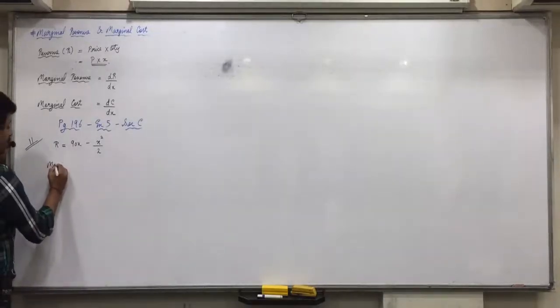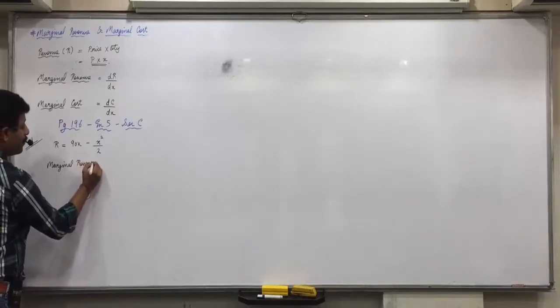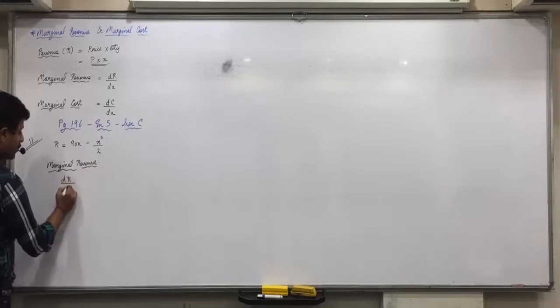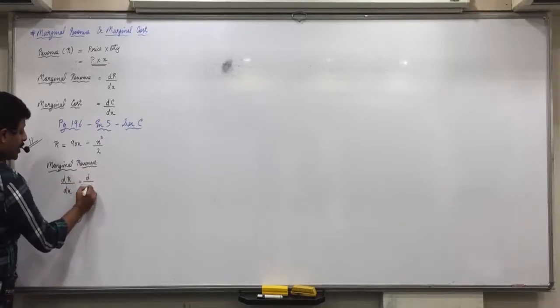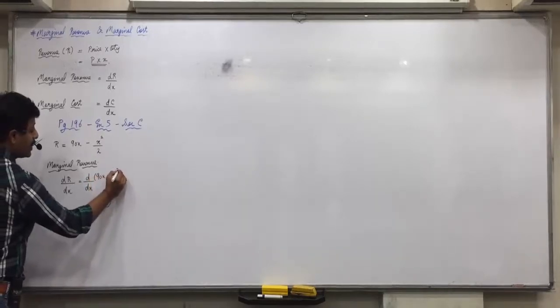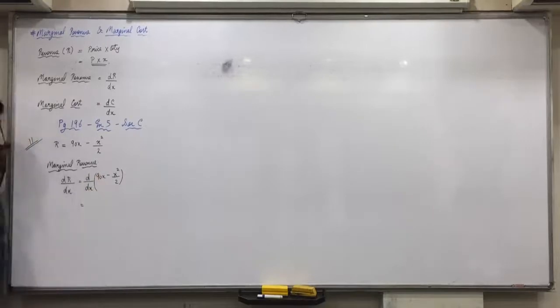Now we have to find marginal revenue. As I said, marginal revenue means dR by dx. So d by dx of 90x minus x square by 2. You just have to differentiate the function given to you.